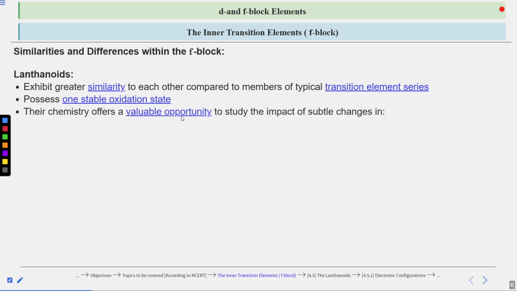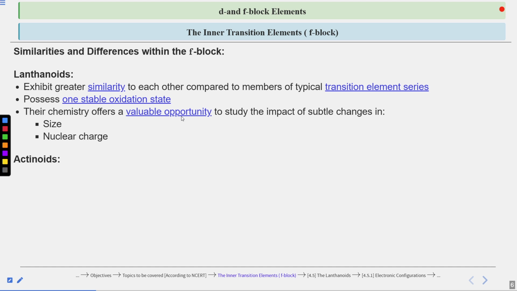Their chemistry offers a valuable opportunity to study the impact of subtle changes in size and in nuclear charge. So if you study the lanthanoids, you can study the small changes in their sizes and nuclear charge.